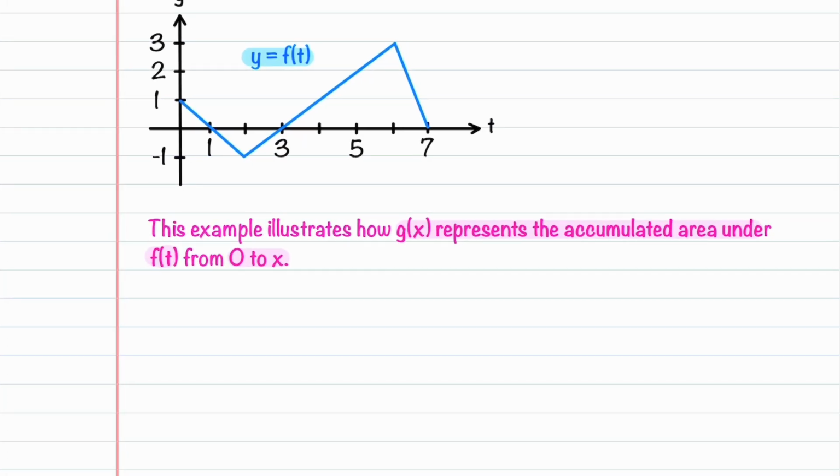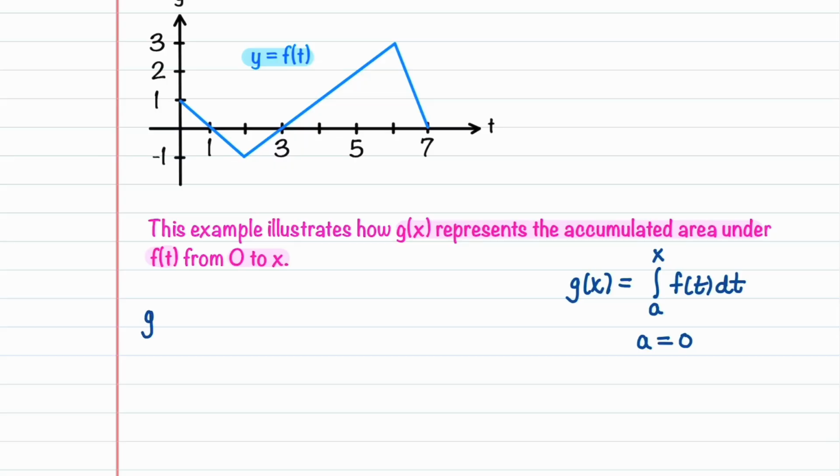I'm going to go ahead and recopy what g of x is. Let's put it right over here. g of x is the integral from a to x of f of t dt. If we look up at our graph of f of t, we can see that t starts at 0, so that tells us that a is equal to 0, and we're going to find g of 1, g of 3, and g of 6.